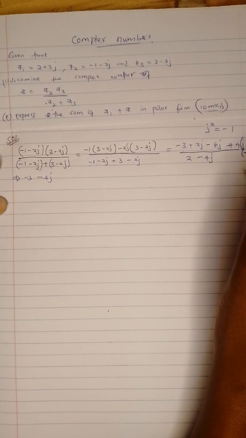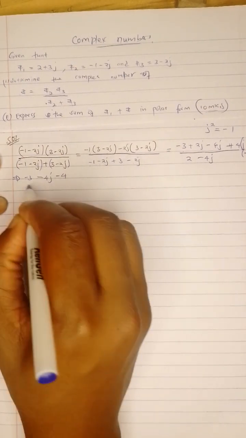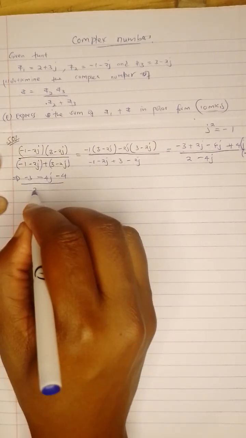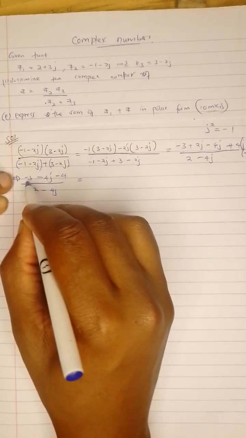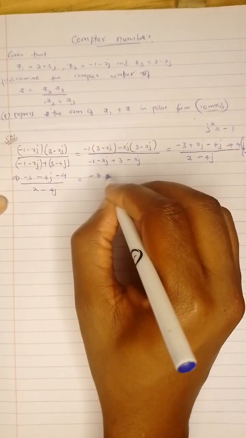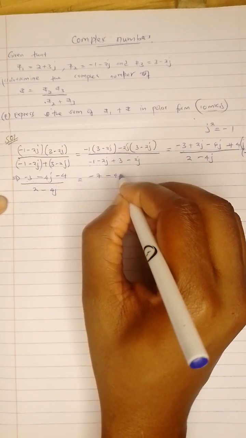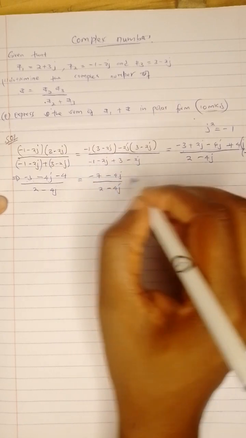Replacing it with negative 1, we will have negative 4 there, over 2 minus 4j. So I will have negative 3, negative 4, I will get negative 7 minus 4j over 2 minus 4j.